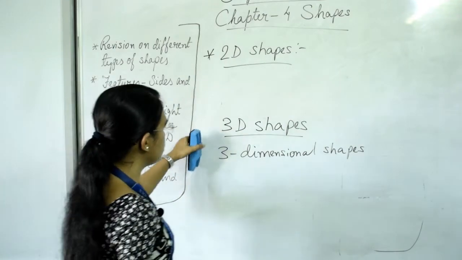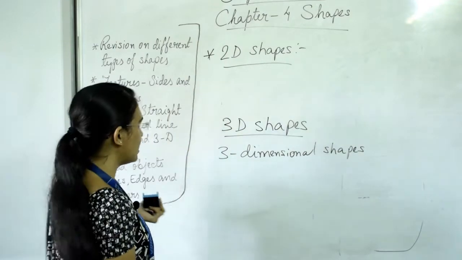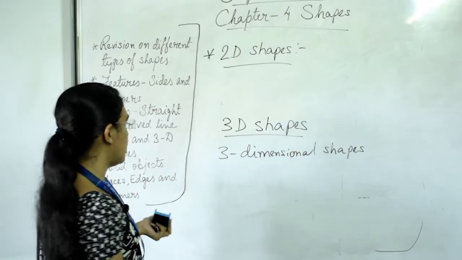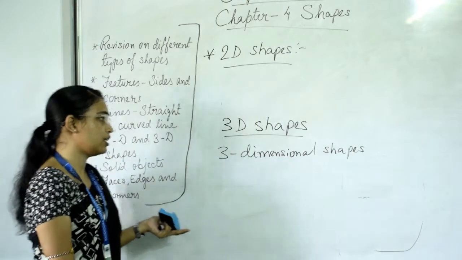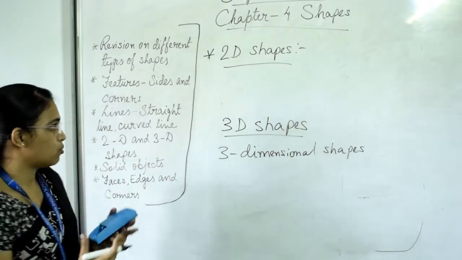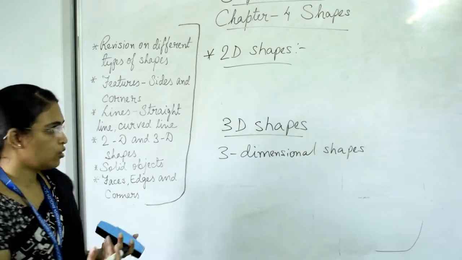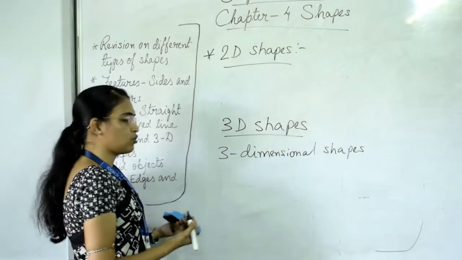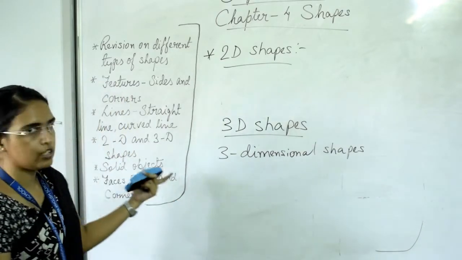So 3D shapes means solid shapes. What is a solid shape? The solid objects which take space, that is called a solid shape or solid object.